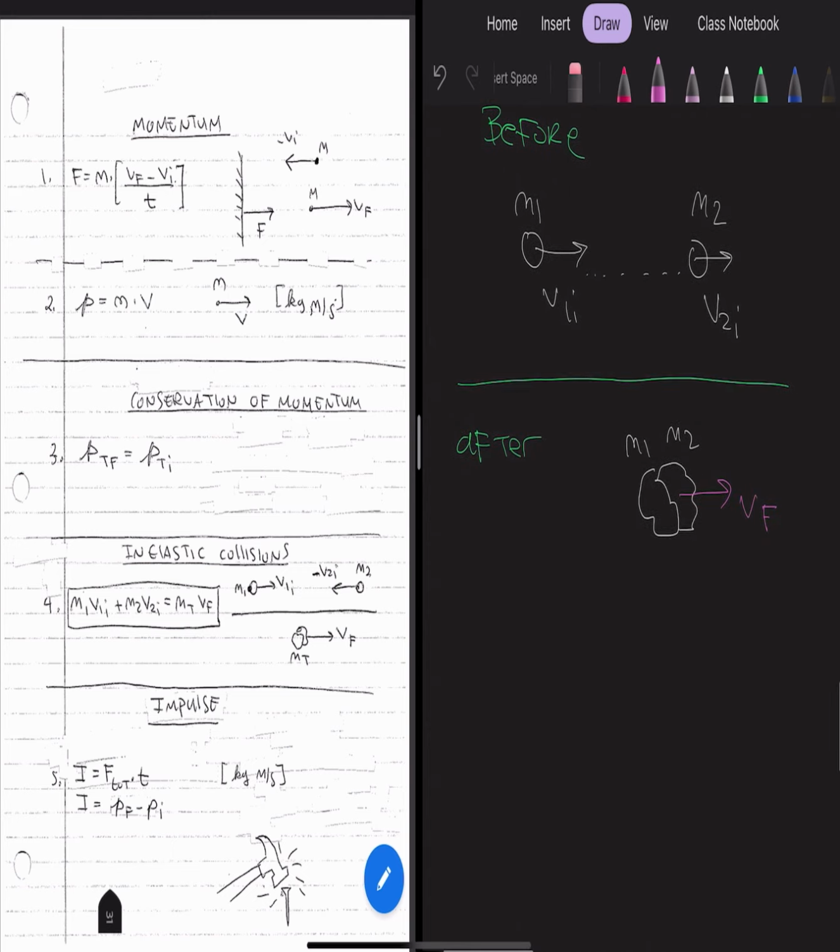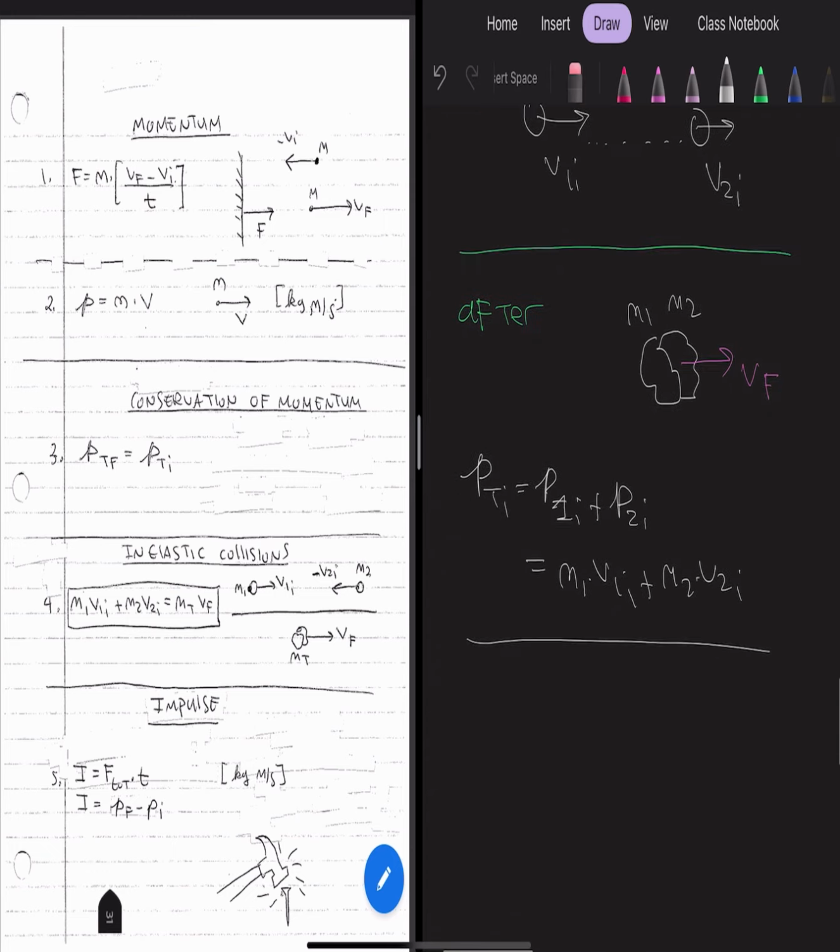So now we're going to apply conservation of momentum. What that says is that the total momentum before the collision, P total initial, is equal to momentum 1 initial plus momentum 2 initial, and that is equal to mass 1 times v1 initial plus mass 2 times v2 initial.